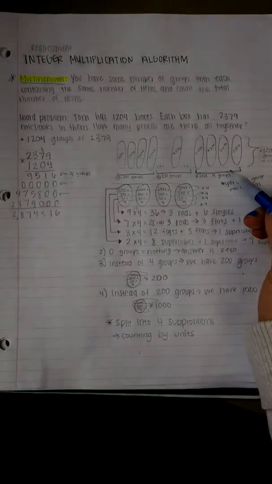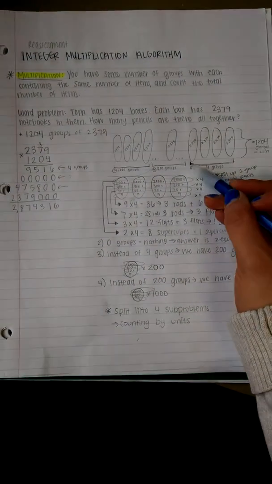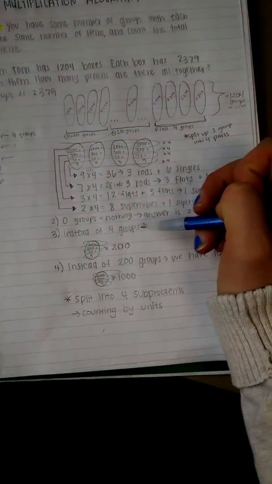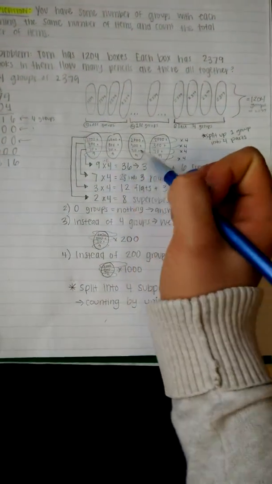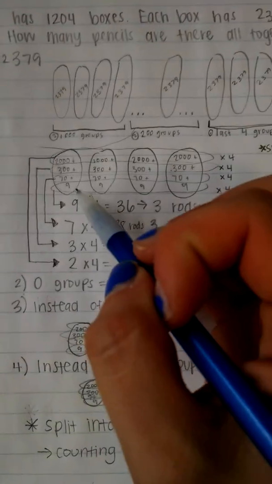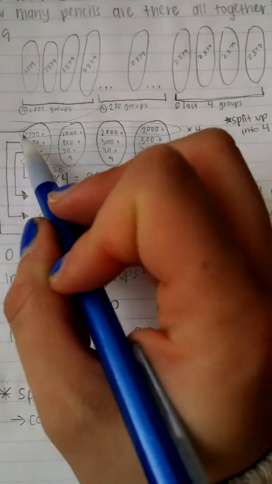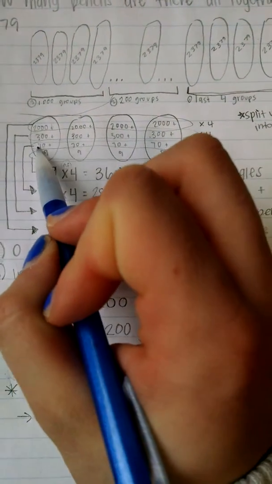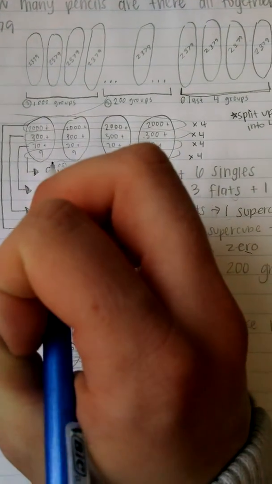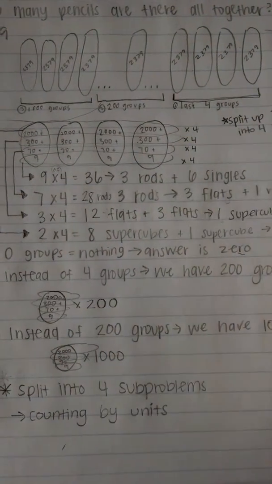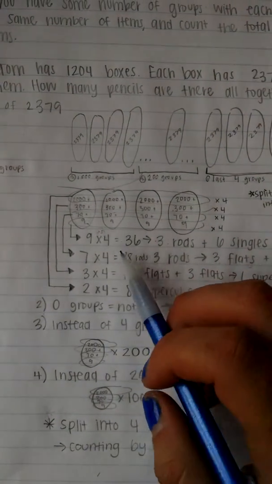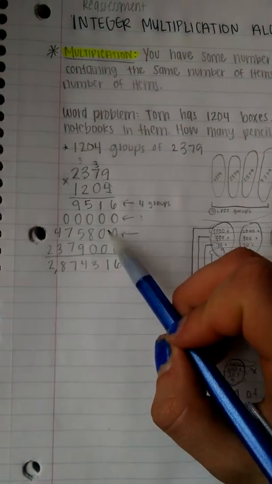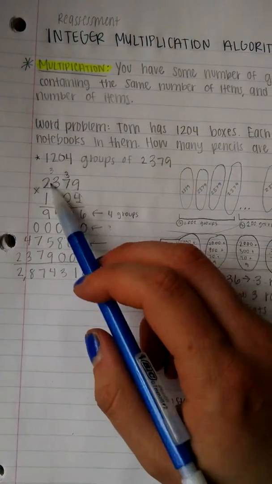So let's go into this problem a little deeper. I wrote out the 4 groups, and as you can see, each group has 2,000 plus 300 plus 70 plus 9 in them. I accidentally paused the video, so where we left off was the 3 times 4.